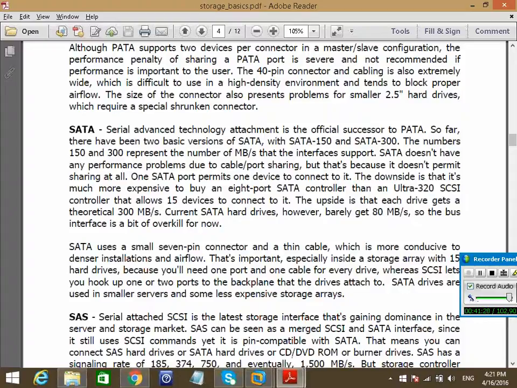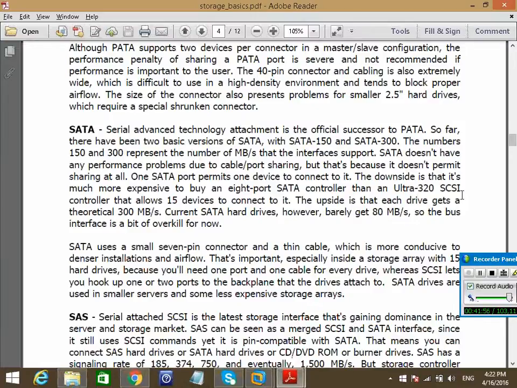SATA doesn't have any performance problems with cable port sharing, but that's because it doesn't permit sharing at all. One SATA port permits only one device, so it cannot support multiple hardware.